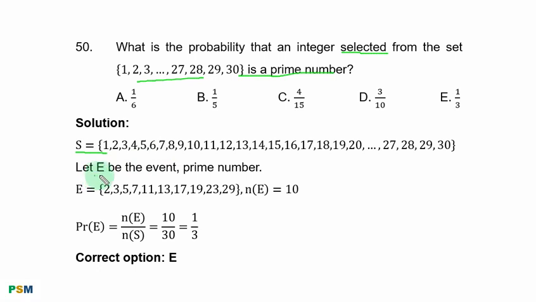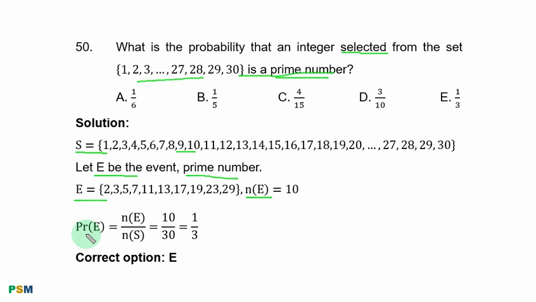Let E be the event prime number. That is the focus in the question. So set E is equal to the set of all the numbers that are prime in the sample space or universal set. They are 10 in number.